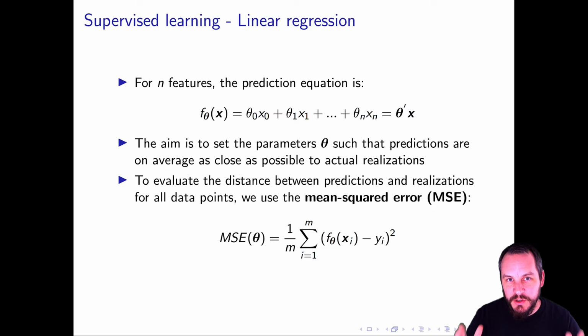So what needs to be done is to at least take, for instance, the absolute values of deviations. This will be possible. What is more common, and which you probably have already seen and are aware of, is to use the squared deviations between the predictions and the actual realizations. And why use the square and not the absolute ones?